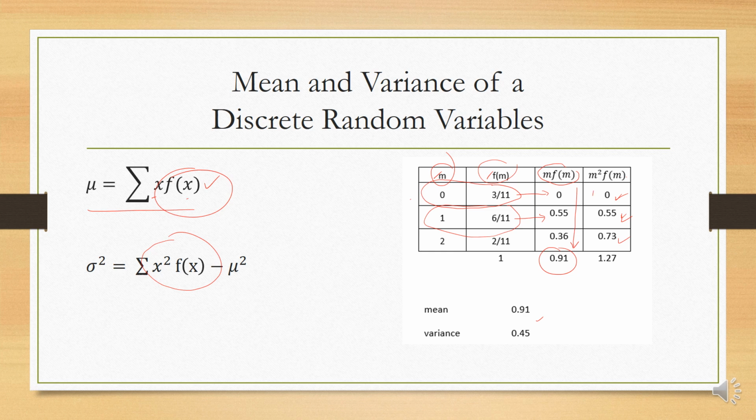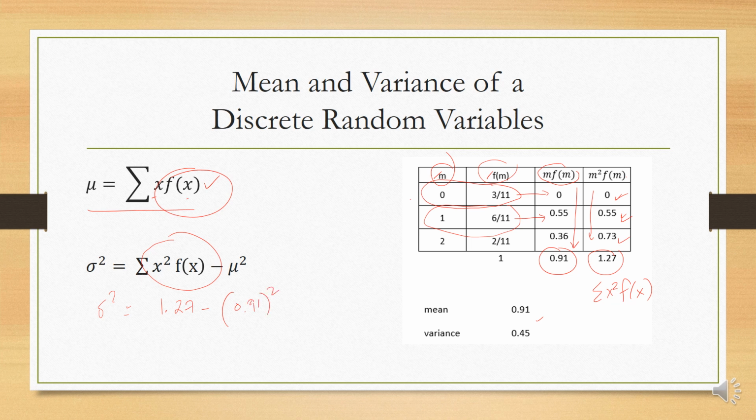Okay? So, when we add this one, this value is actually your summation of x square f of x. Or for that matter, we have summation of m square f of m. Okay? So, para makuha natin yung variance, we still have to subtract yung mean squared.